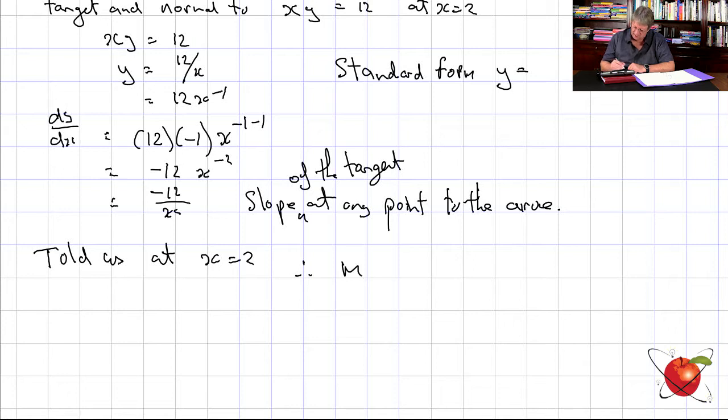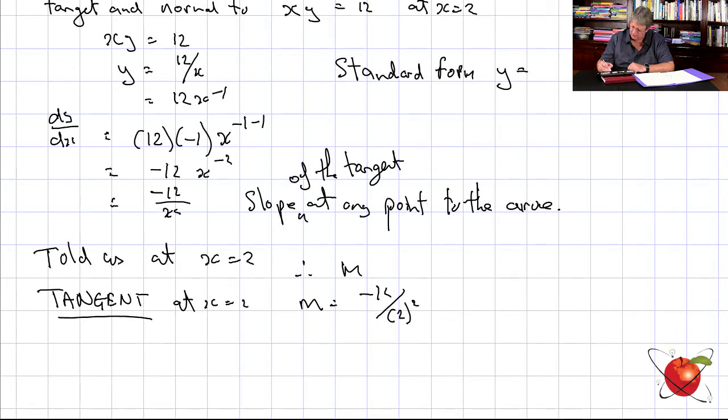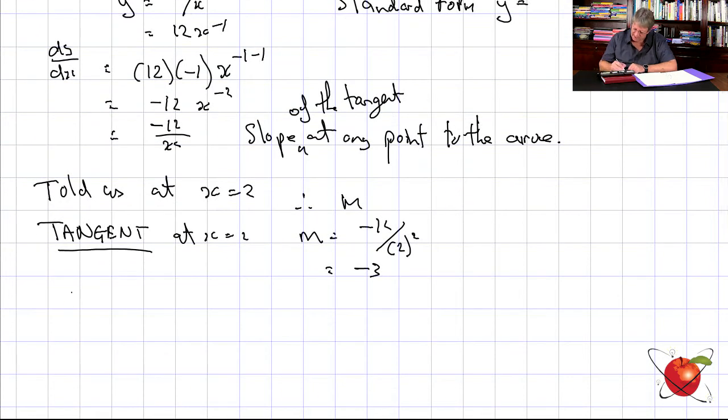Therefore, now we're looking at the tangent. Then we say, m is equal to minus 12 over 2 squared, which is going to be equal to minus 3.